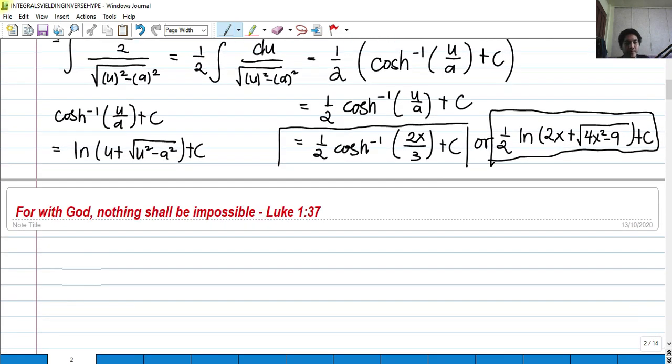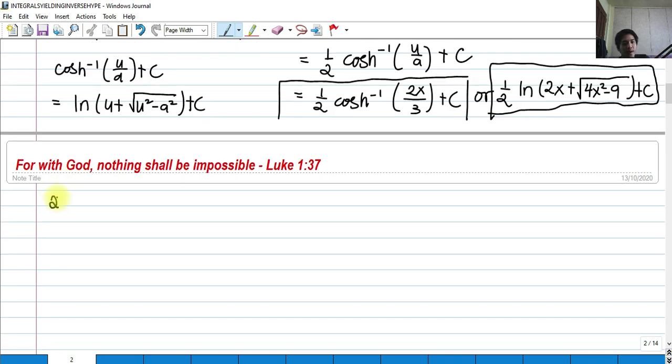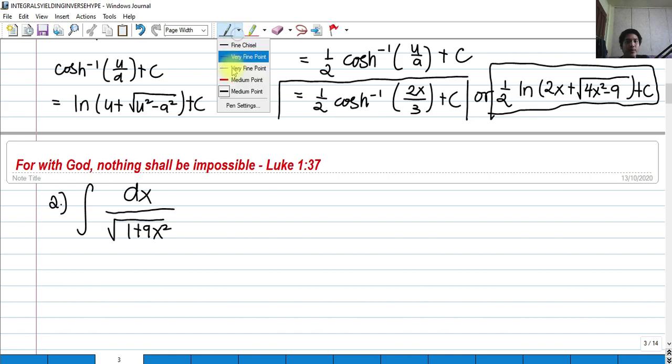So for number 2, that is the integral of dx all over the square root of 1 plus 9x squared. What we are going to do again is let u equal, but rewrite this first so that we can see it.